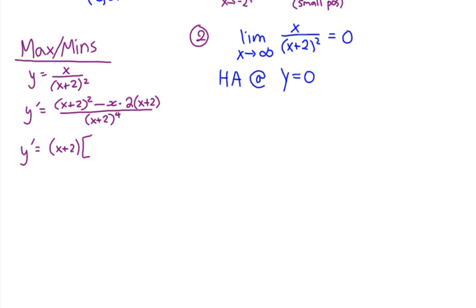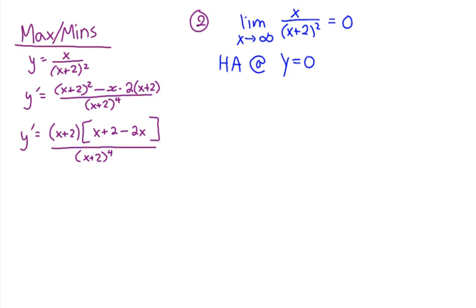If I factor out an x plus 2, how many x plus 2's do I have in the first term now? 1. So x plus 2 minus this x times 2 becomes 2x. And we factored out that x plus 2, so that's gone, all over (x plus 2) to the power 4.